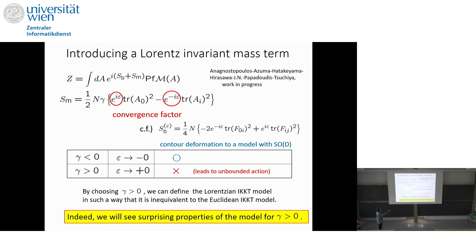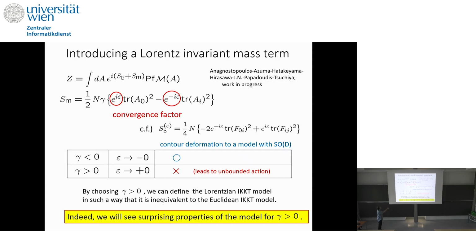So when you take the absolute value, then it is still not absolutely convergent. But the very existence of this mass term allows us to introduce the convergence factors in a slightly different way than the one I just discussed. Namely, we can put these convergence factors in front of the mass term in this way. And then things will be changed.